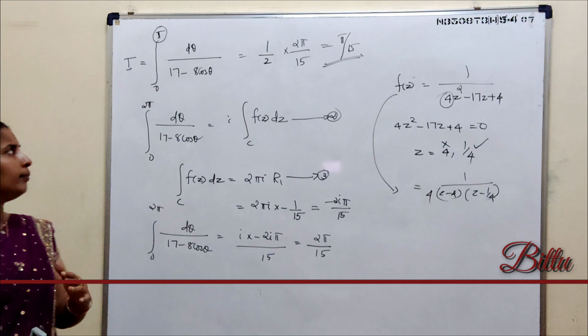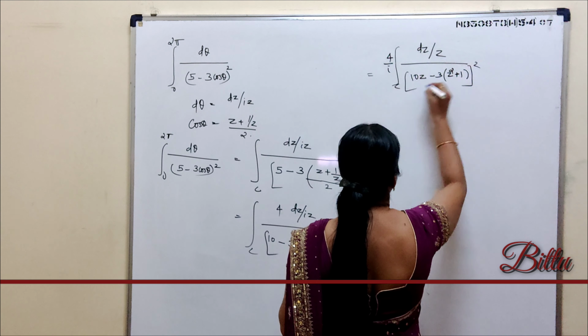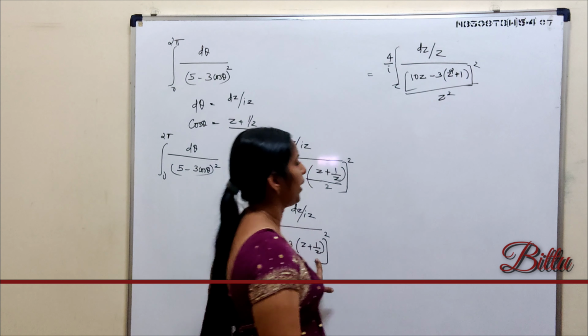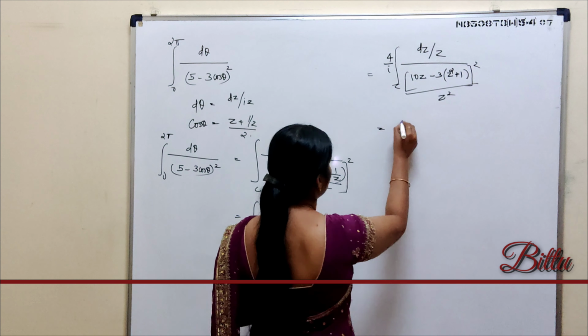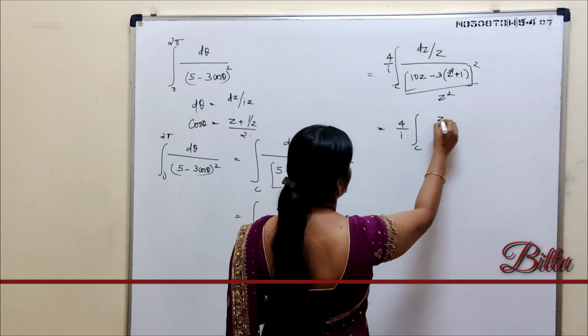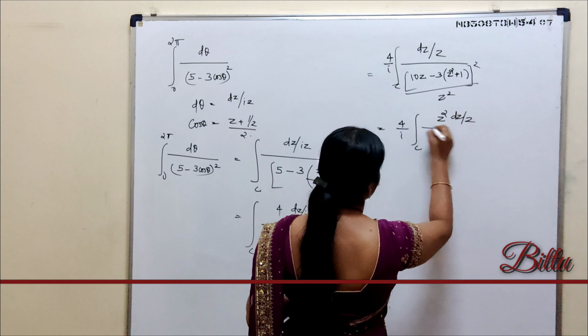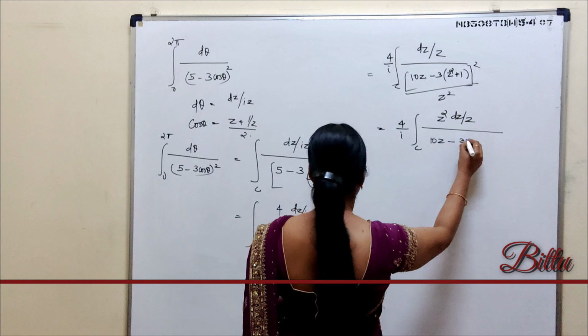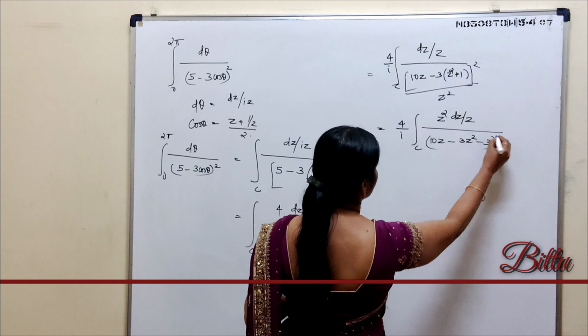Next you take 4 by I dz by z whole divided by 10z minus 3 into z square plus 1 the whole square by z square, and this z square will go to the numerator. It is 4 by I integral over c z square dz by z whole divided by 10z minus 3z square minus 3 the whole square.